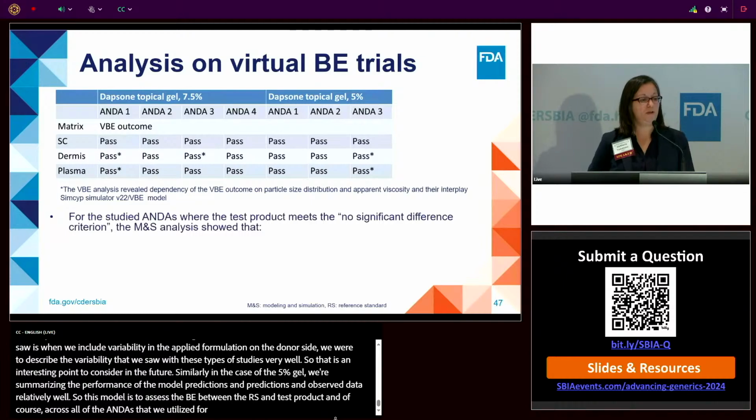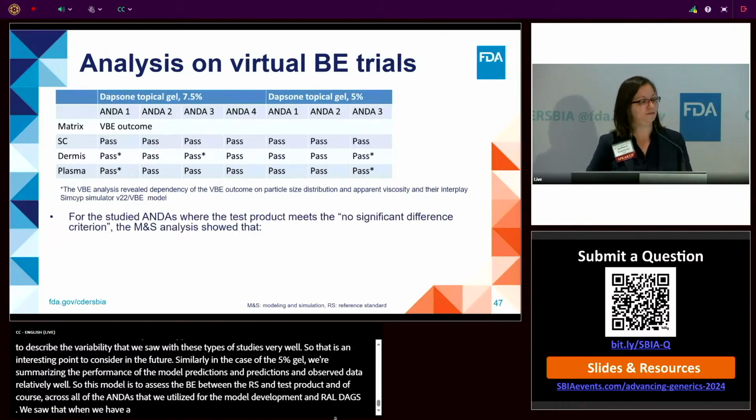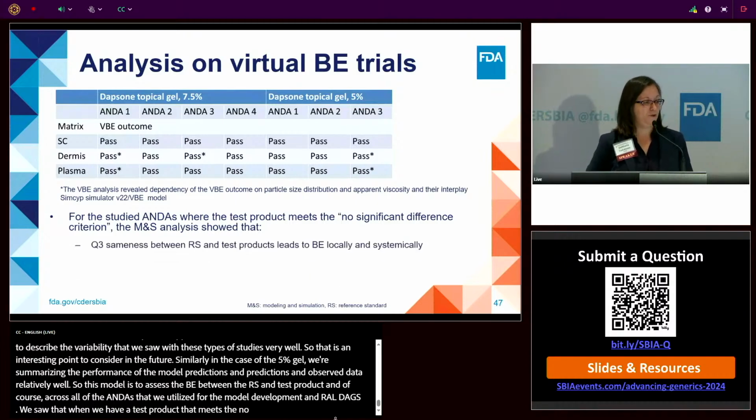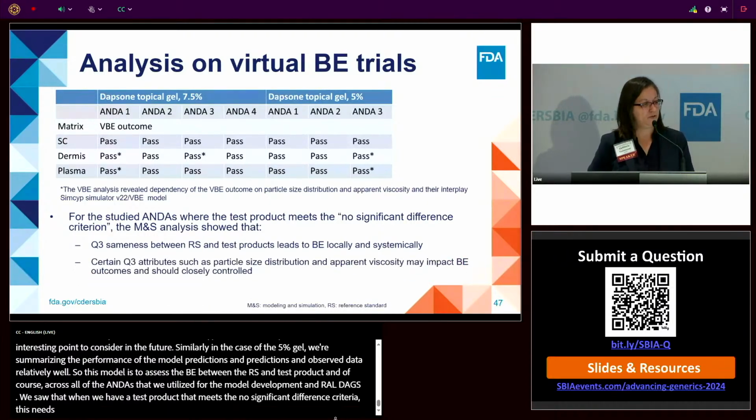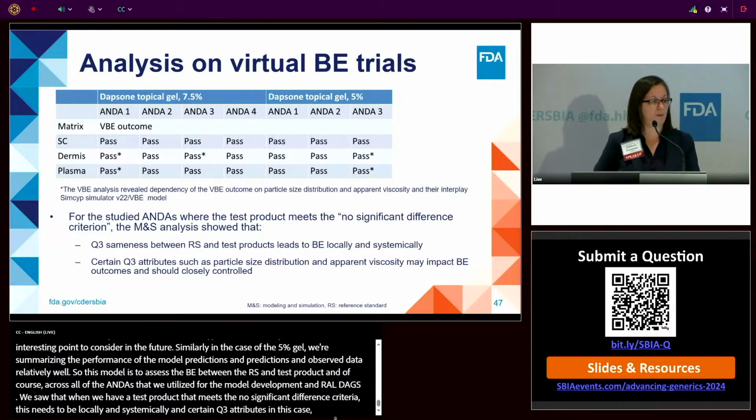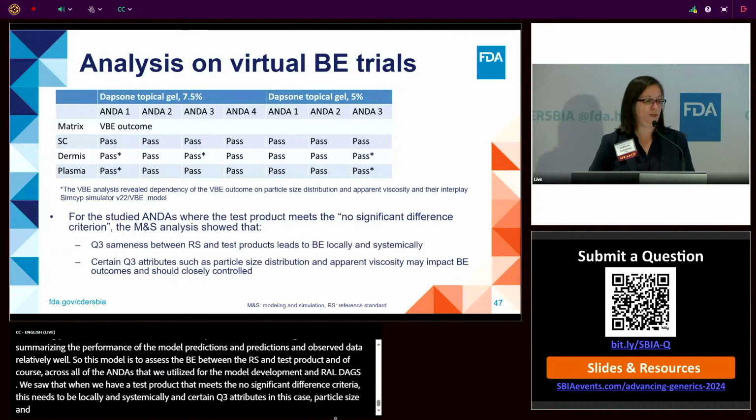And we saw that when we have a test product that meets the no significant difference criterion, Q3 sameness between those two products leads to BE locally and systemically. And certain Q3 attributes, in this case particle size distribution and apparent viscosity, impact BE outcomes and should be closely controlled.